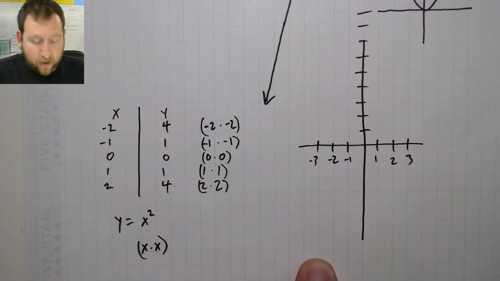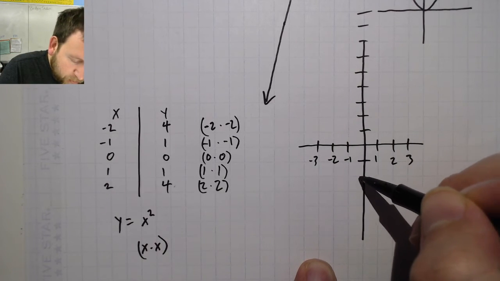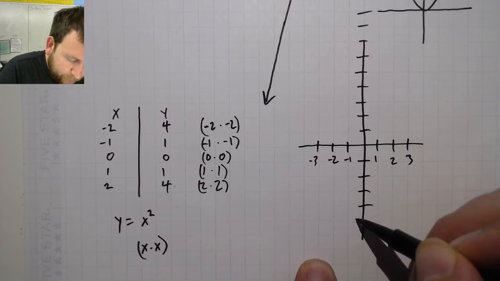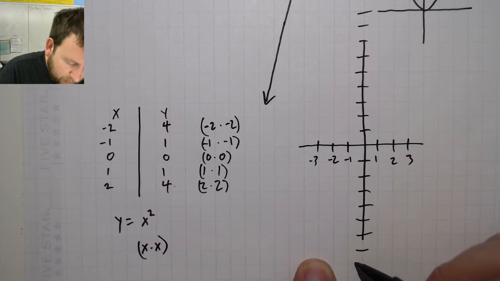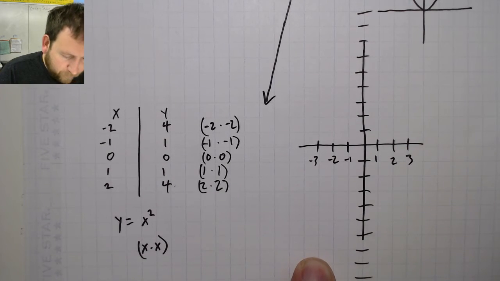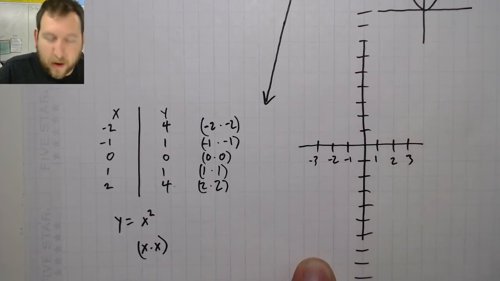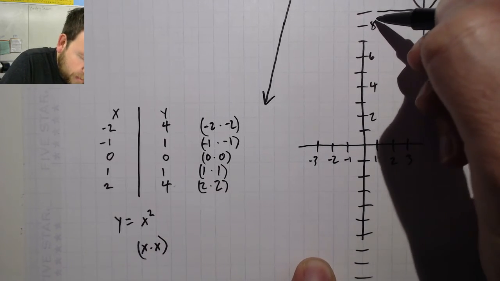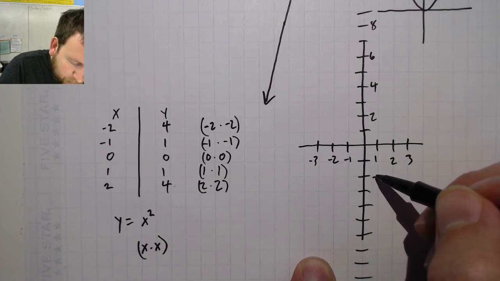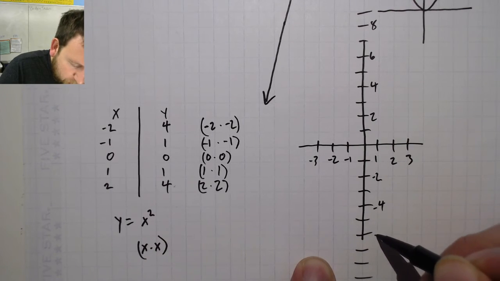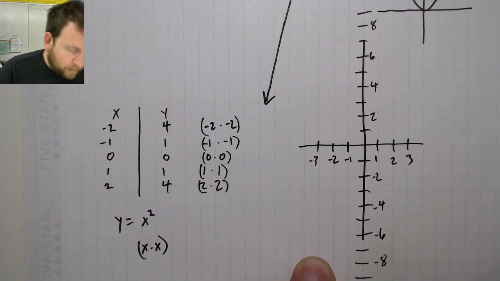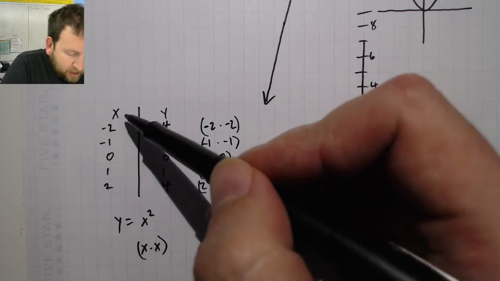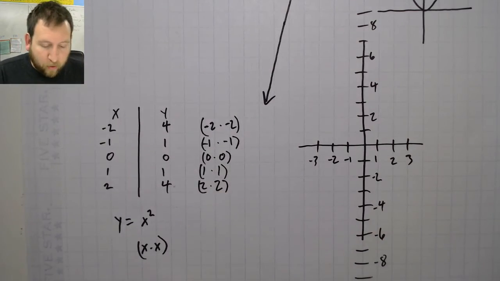I'm actually going to go to 9 for a reason you'll see in a second. Okay, I'm just going to go by 2s: 2, 4, 6, 8, -2, -4, -6, -8. The reason I went by 2s is I'm going to add 2 more numbers to this chart once we get going.